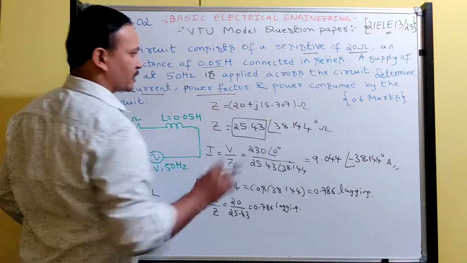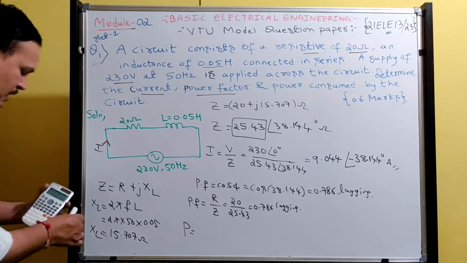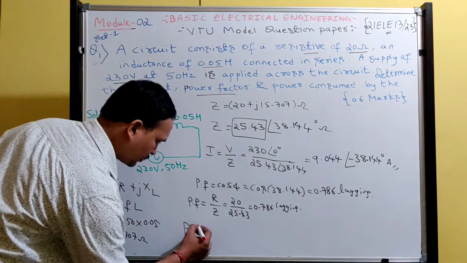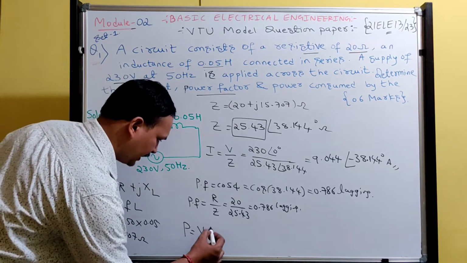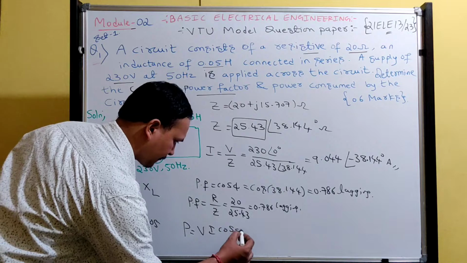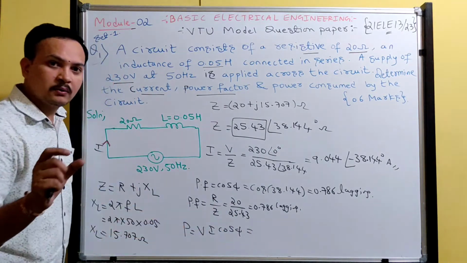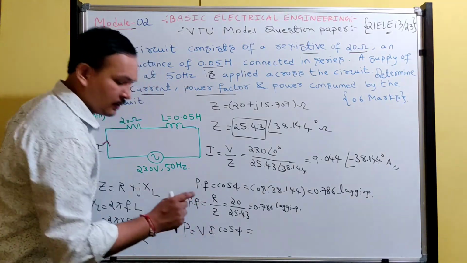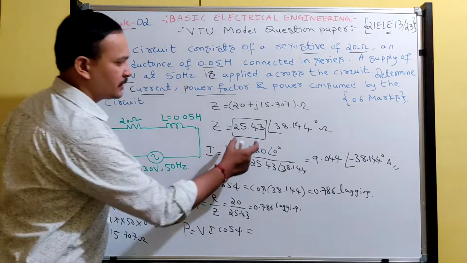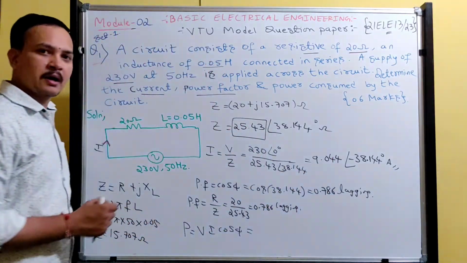Next is the power consumed by the circuit. The formula is power equals V I cos phi. Here, for V you write only the magnitude part. V and I are both RMS values; this magnitude indicates the RMS value of current.